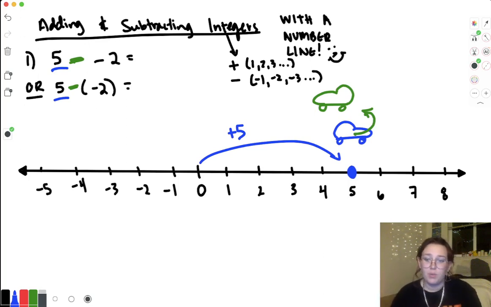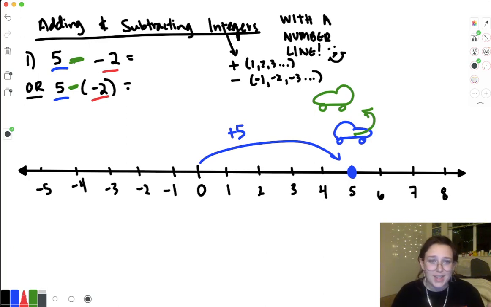That part comes in handy when we're looking at our negative 2. So earlier I said whatever direction we are facing, if we move forward that way, it's increasing our positive numbers. But I'm sitting here with my car turned around, facing the left side, and I want to go 2 spaces back.